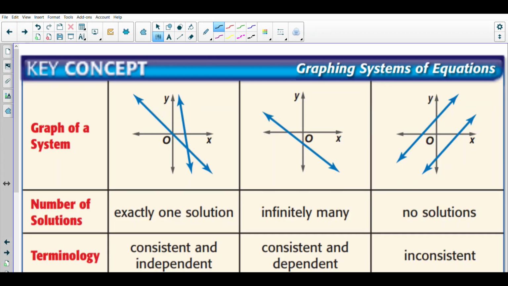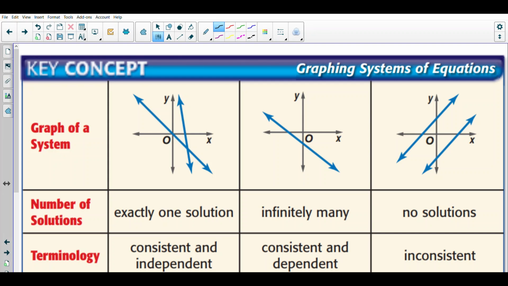So here we go. This is what that last page was talking about. The first one, there are two lines that intersect. That means there's exactly one solution. And since it intersects at only one point, it's consistent and independent.